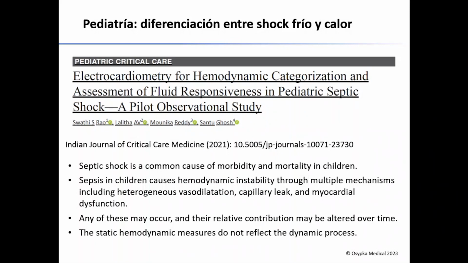I want to talk about a relatively recent study from India. It's about pediatric patients in unresolved shock condition. And especially in countries where there's not a very developed healthcare system in every city of the country, septic shock is usually a cause of morbidity and mortality in children.